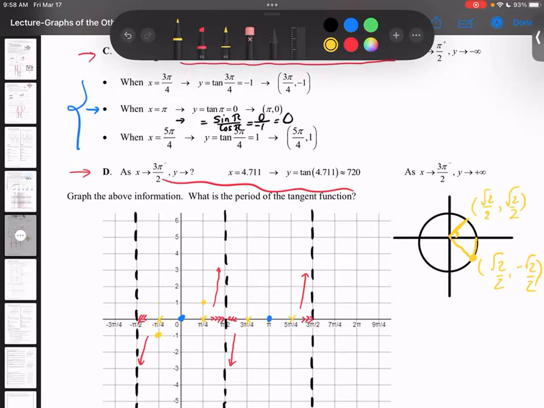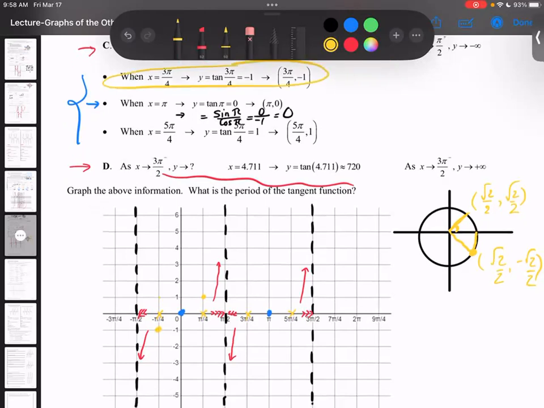3 pi over 4. Again, you need to look at your unit circle. I know you don't have it on top of your mind. That's okay, it's new. 3 pi over 4 is right here, you plug it in. It turns out that the tangent is -1. And 5 pi over 4, do the same thing. You look at your unit circle, it is 1.